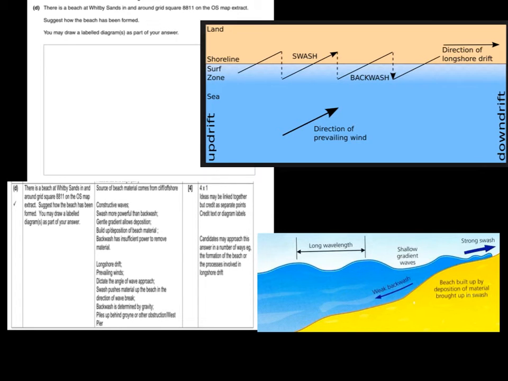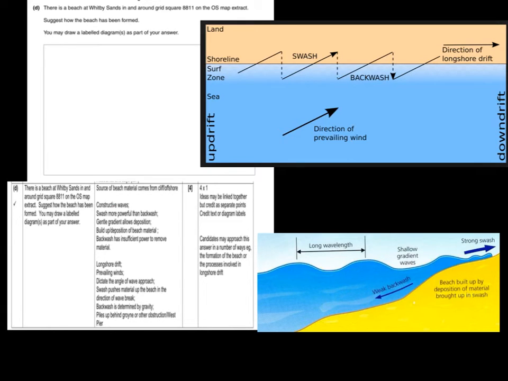The first one, which gets you a point, is talking about erosion. So if you talk about the sand is eroded from the cliffs by hydraulic action or something like that, there's 1 or 2 marks there at most. Then, basically, you've got 2 options, and I've included 2 diagrams here that you might want to use. You might want to talk about constructive waves.